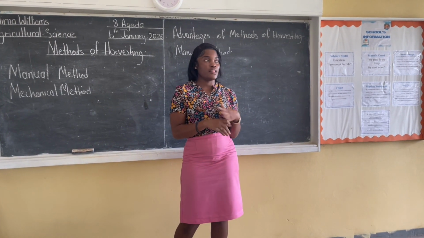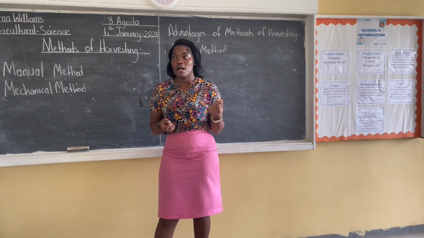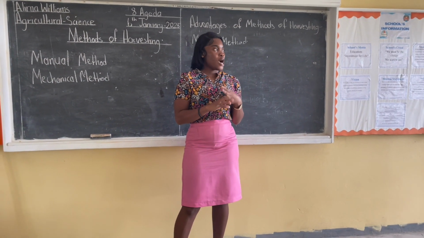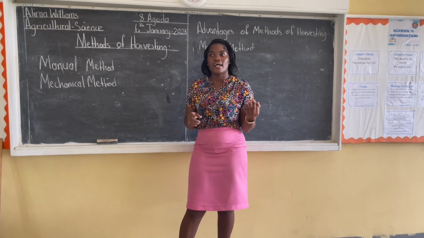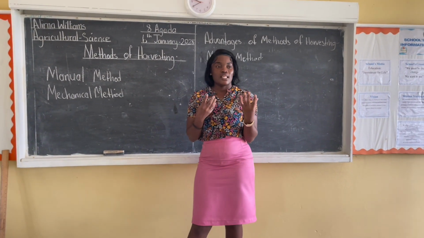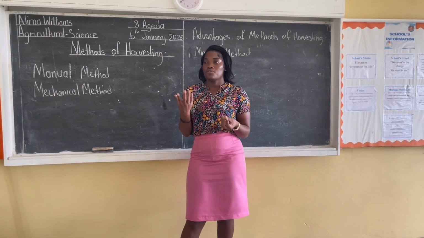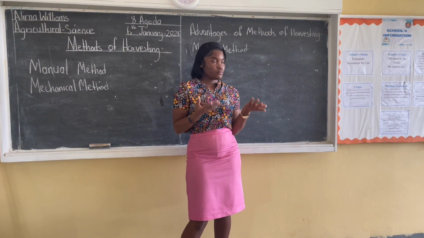We look at pak choy, a leaf crop. We will look at mango since we're in the season, and then tomato, since tomato is a very delicate fruit, or a crop, a vegetable.